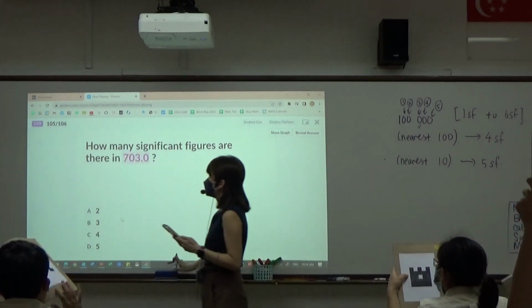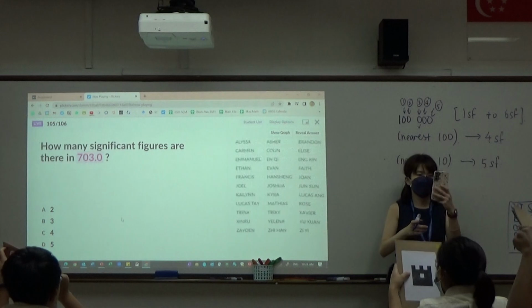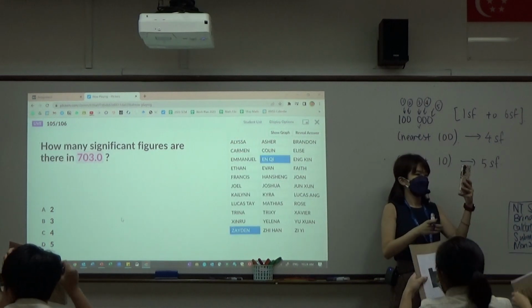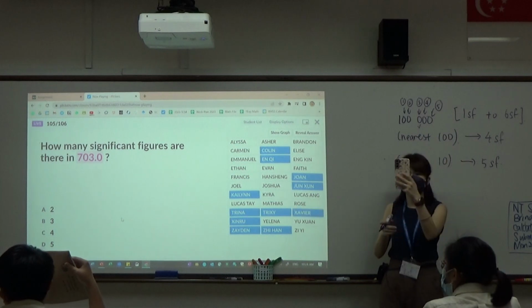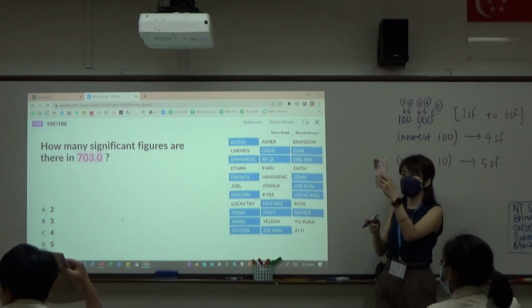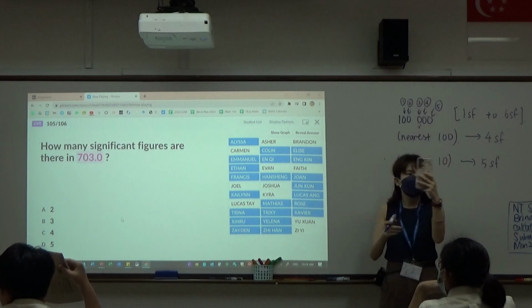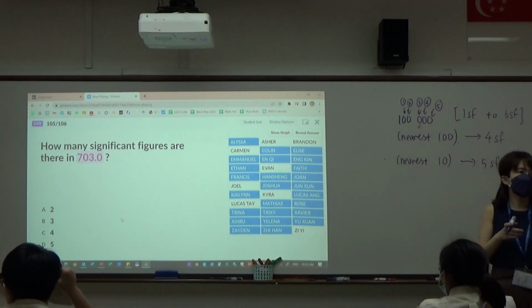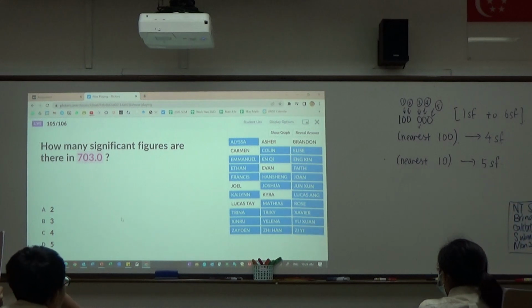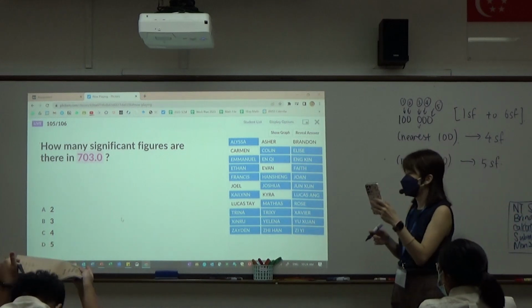703.0. How many significant figures are there? Any more?